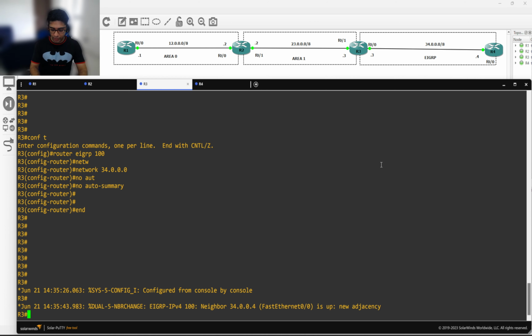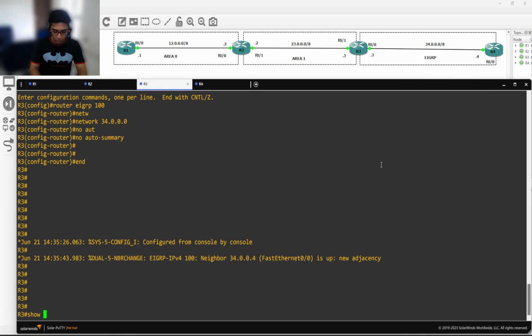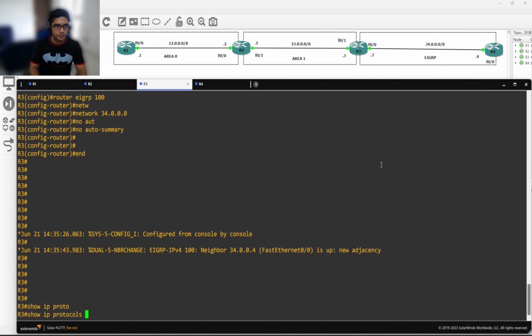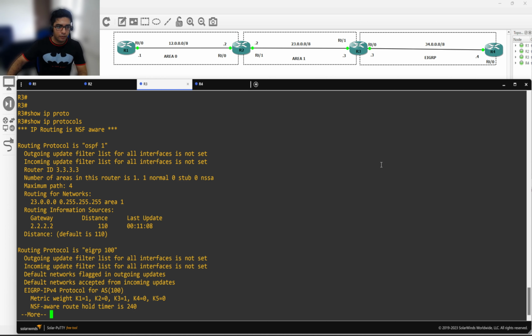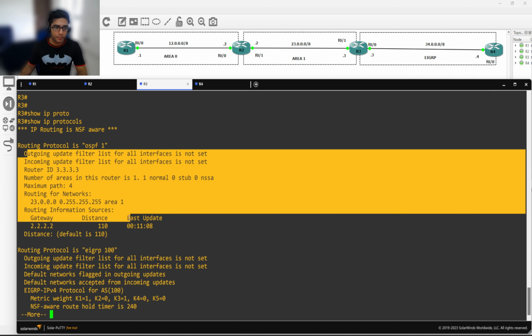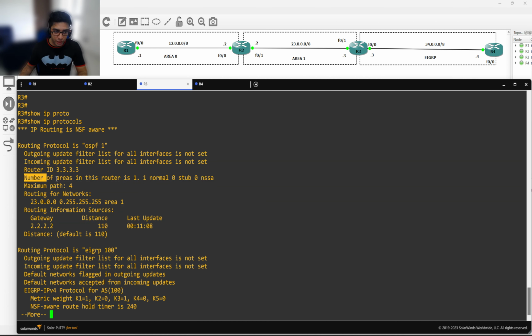Now, if I do show ip protocols, we can see that we do have 2 routing protocols on R3. One is OSPF, the other is EIGRP. However, R3 has not yet become the ASBR. There is no mention of ASBR here, that it has become the ASBR.